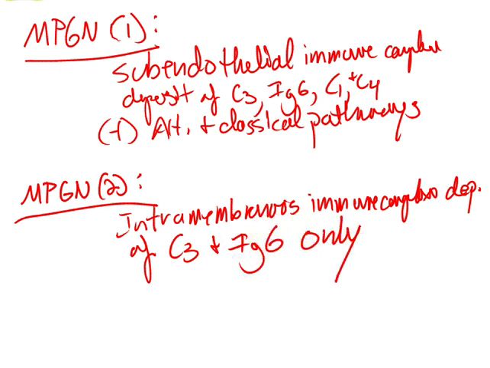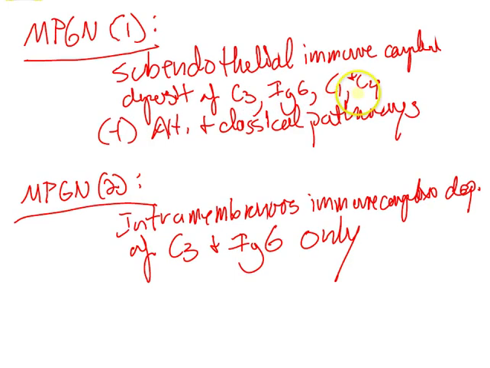Okay, so we got some differences here. In type 1, what do you got? You got subendothelial immune complexes of hell, just about everything. You got C3, IgG, C1, C4, so you see you get subendothelial. Here you get intramembranous of only C3 and IgG only. So that's a huge little clue for you there between the two types.